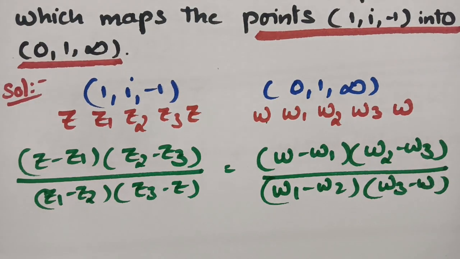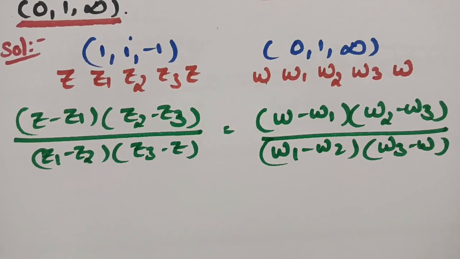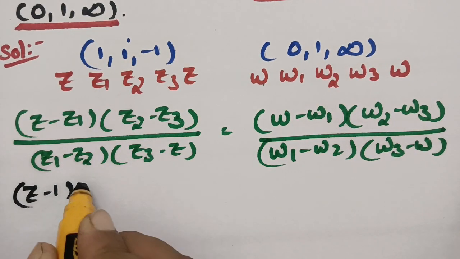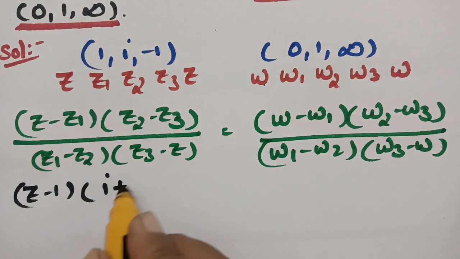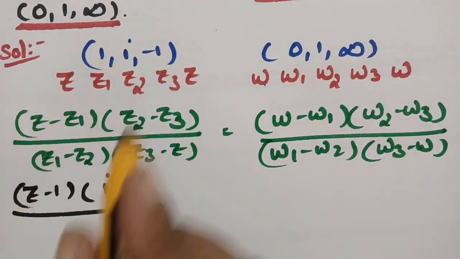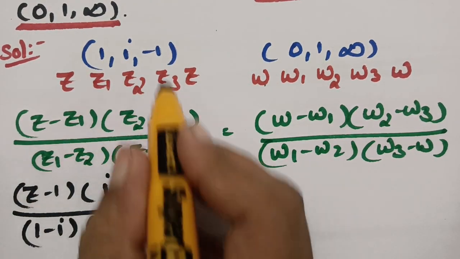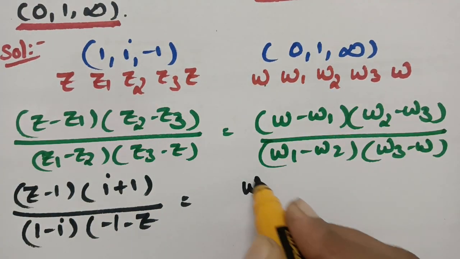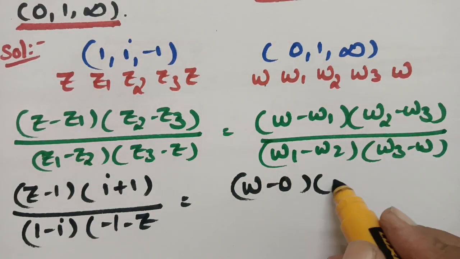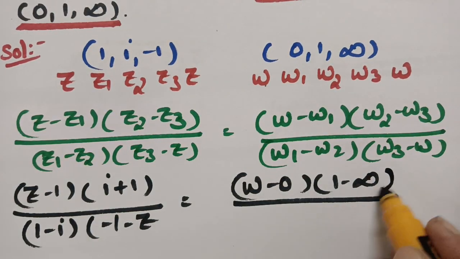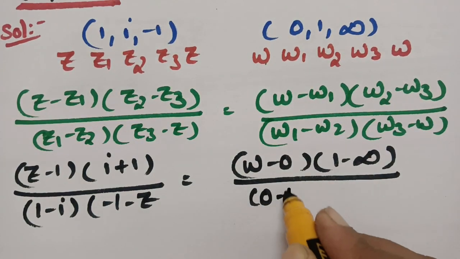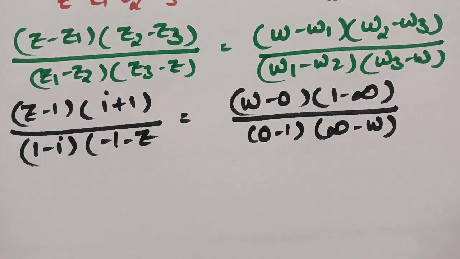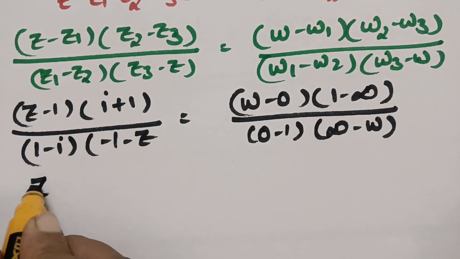If I substitute all the values, see what happens here. The first one is Z minus 1. So this value is Z minus 1 into minus 1 minus of minus 1, divided by 1 minus i into minus 1 minus Z. Here also W minus 0 into 1 minus infinity, divided by 0 minus 1 and infinity minus W. I am bringing all the Z to one side and constants to one side.